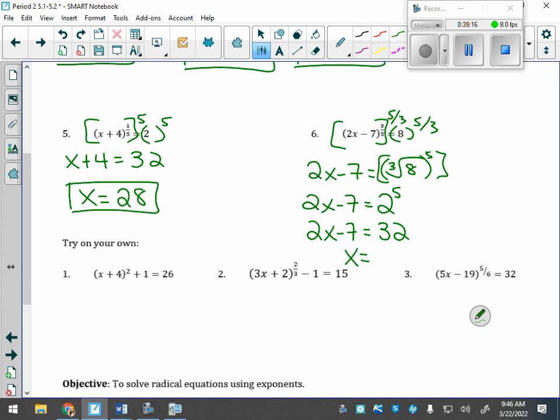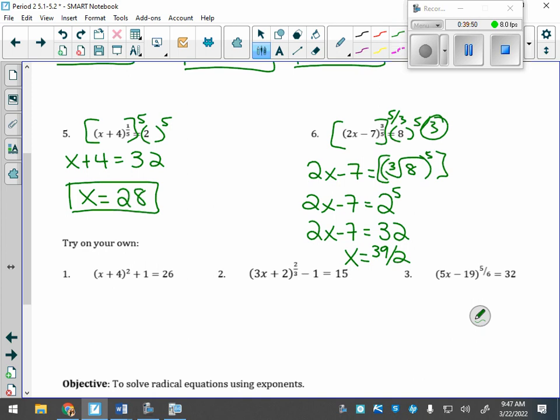We took an odd root of both sides, so we do not have to include plus or minus. But if this denominator was even, then you must include the plus or minus. So 39/2. Okay? So if your denominator, when you raise it to the reciprocal, is even, you must include plus or minus.